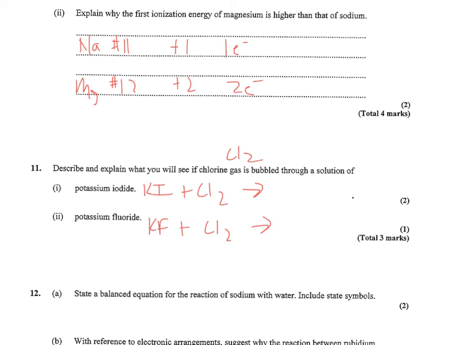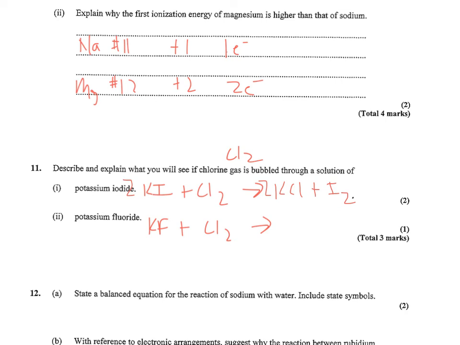If you look at your periodic table, if you don't remember the reactivity of the halogens, although I'm guessing most of you remember fluorine's the most reactive, upper right holds them tight. It's the smallest, most reactive element. So chlorine being below fluorine is not going to be able to knock fluorine off, but it will be able to knock off the bigger iodine. So this will give you KCl and I2, and you need a 2 here and a 2 here to balance that.